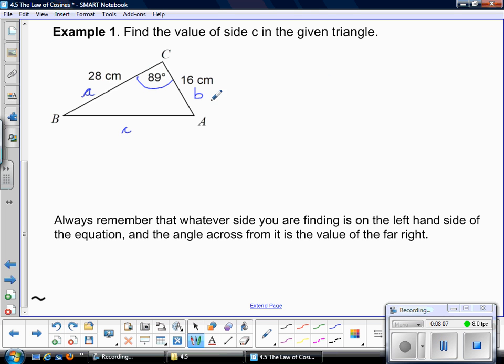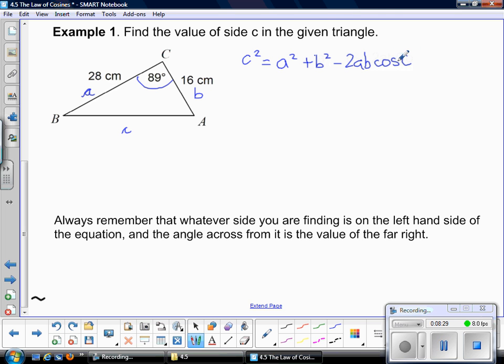So I'm finding side C, so that's C squared equals A squared plus B squared minus 2AB cos of C.